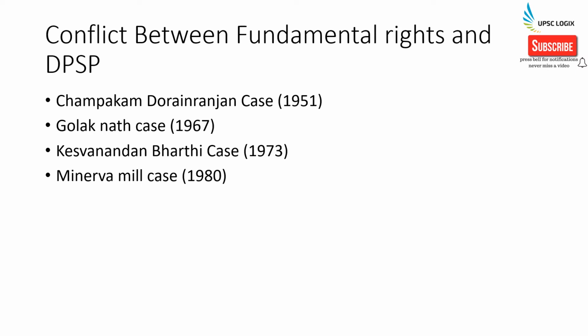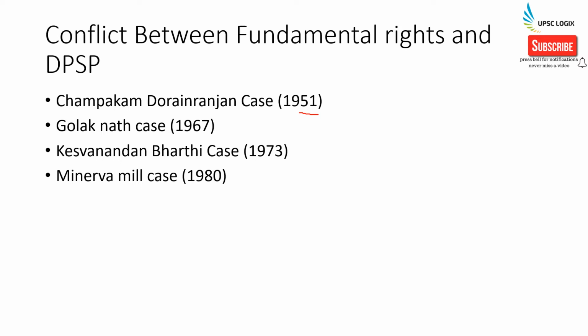So the first time it happened was in the Champakam Dorairajan case in 1951. In this particular case, the Supreme Court ruled that in case of any conflict between fundamental rights and directive principles, it was the fundamental rights that would prevail. It declared that the directive principles had to conform and run as a subsidiary to the fundamental rights.